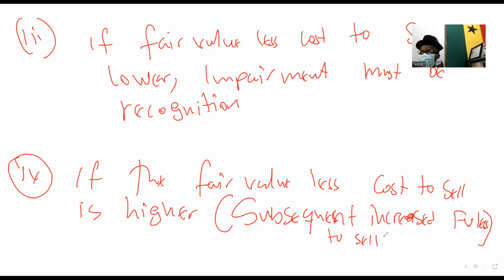That we call impairment reversal. In that case, there must be a gain. So we call it subsequent gains. Not the initial gain, though. Take notice.